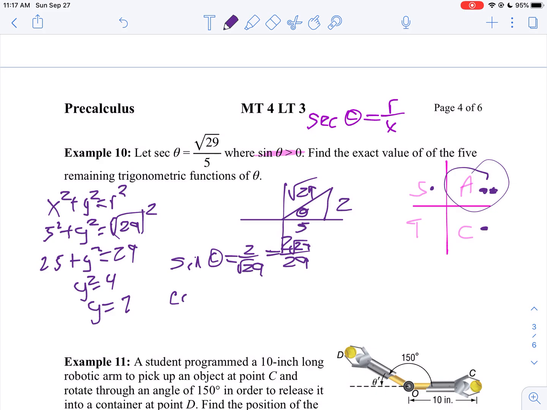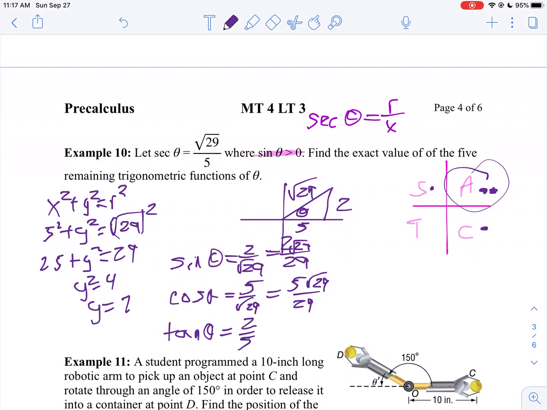Cosine theta is going to be the reciprocal of secant, which is 5 over the square root of 29, which is 5 square root of 29 over 29. Tangent of theta is going to be y over x, so it's 2 over 5.